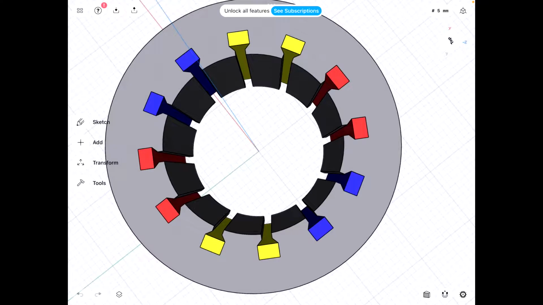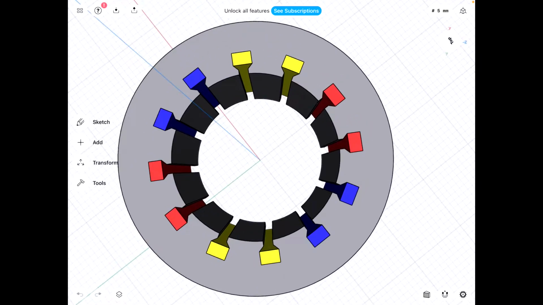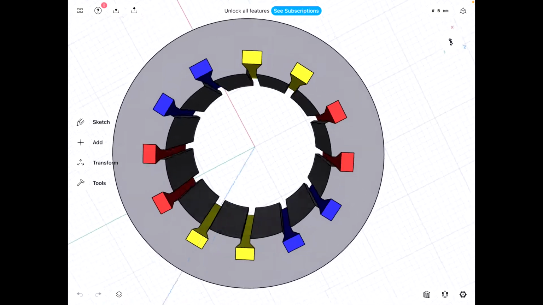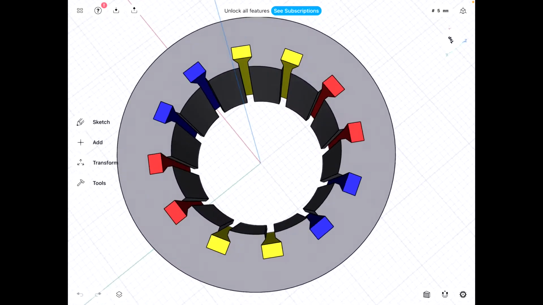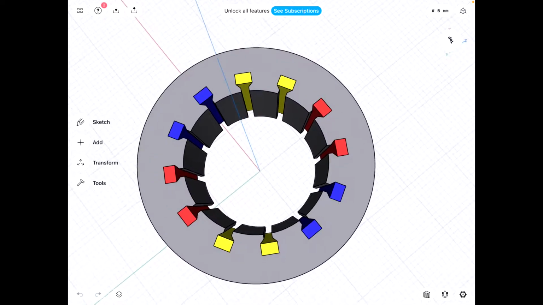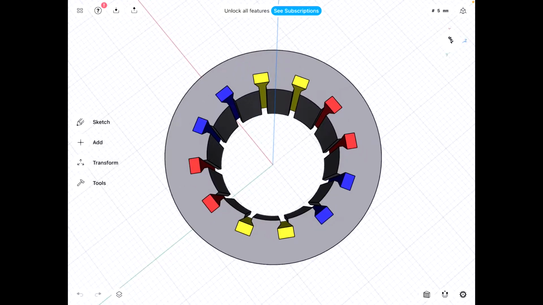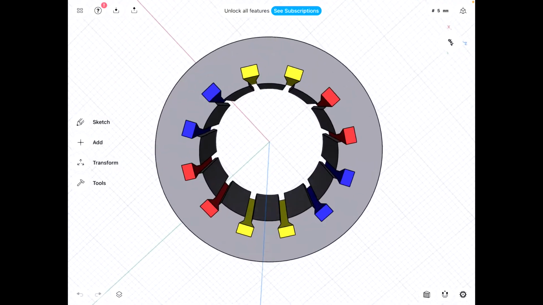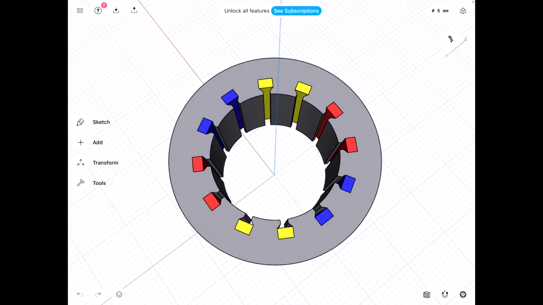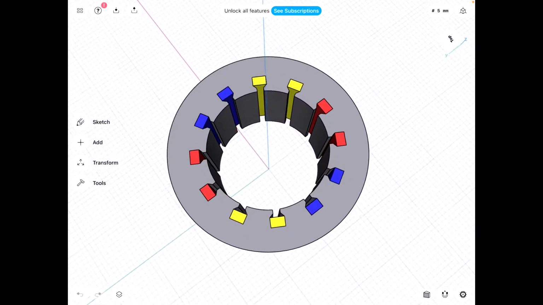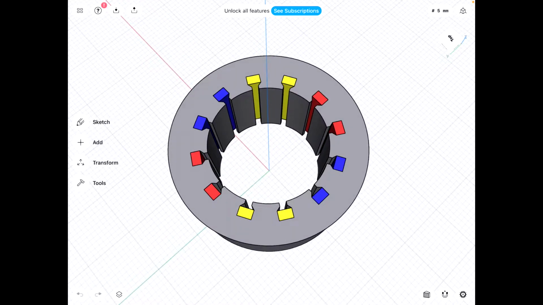So the red is, say, phase A, the yellow is phase B, and the blue is phase C. Those gaps inside the iron itself we call slots, where you put your three-phase balanced winding. So that's what we're saying: it's the same stator used with the synchronous machine, and we're now using the same stator with the three-phase induction motor.